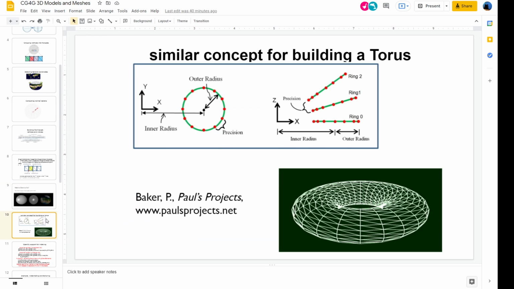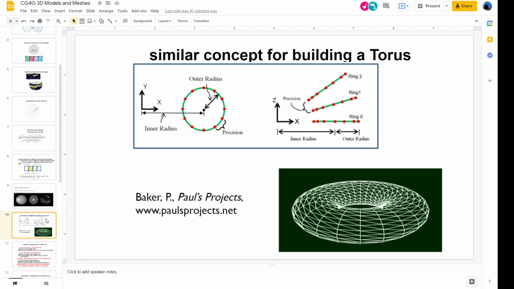Slightly more complex geometry, if you want to tackle this one, is the torus or the donut. Classic computer graphics trope. It's similar to the idea of a sphere, but instead of rotating around, you're just rotating around 0 and creating a similar rotation at each orientation.